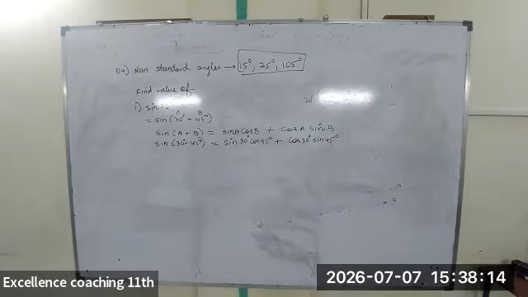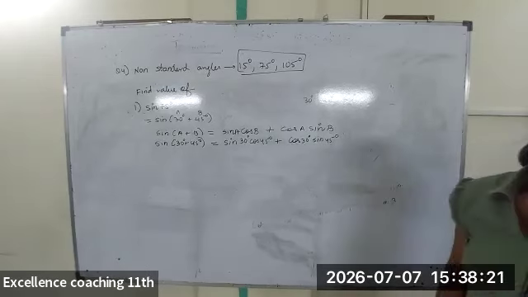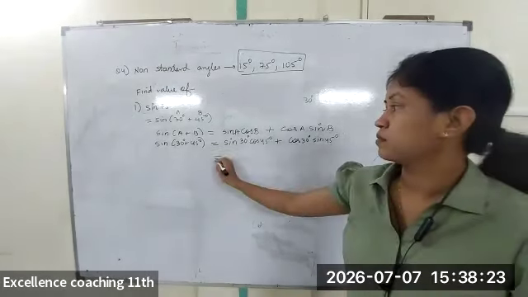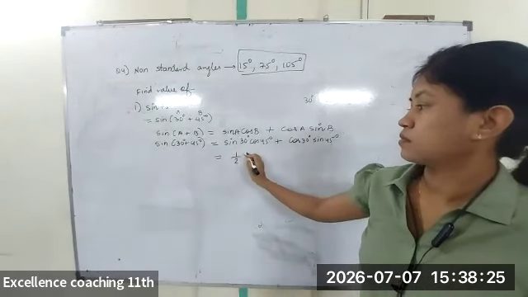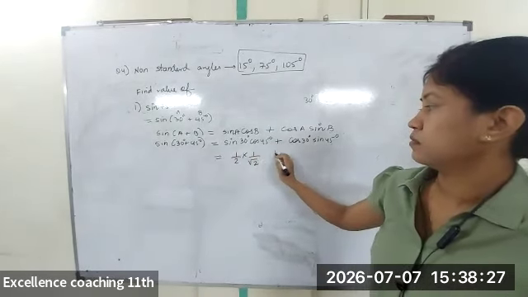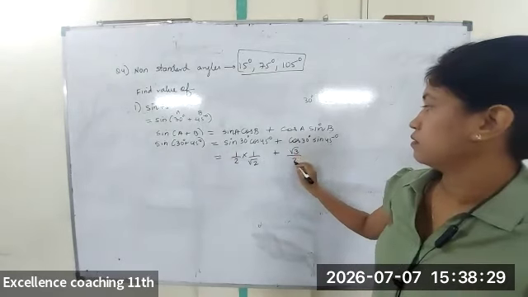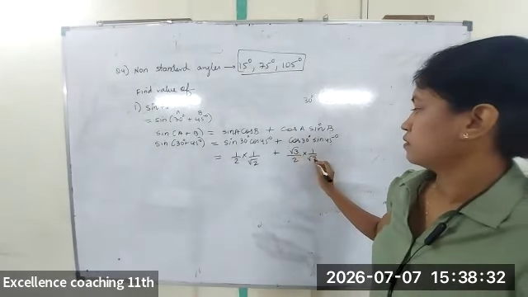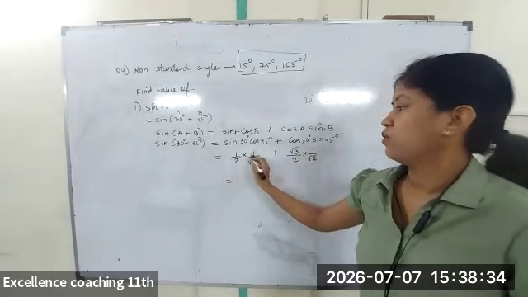Next one is what? Cos 75. So you can apply the cos of A plus B formula. So 1 1 are 1.